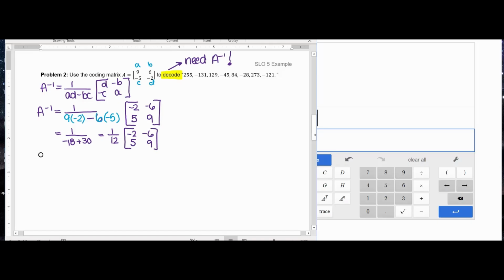And now we have multiplication by a scalar, which means that we are going to multiply everything in the crazy matrix by 1 over 12, and then we are going to reduce.